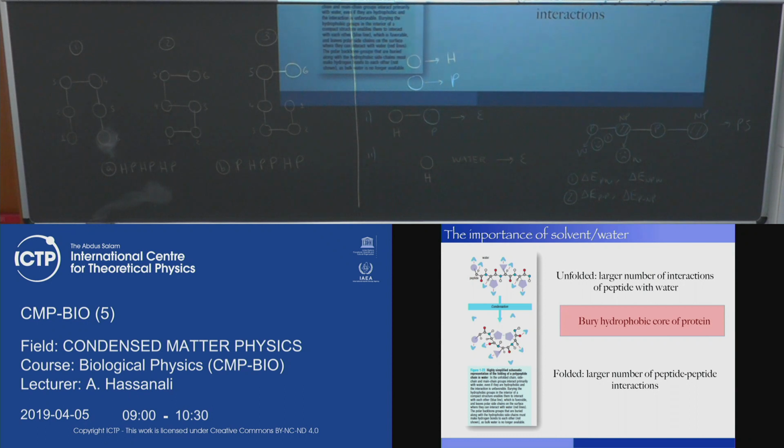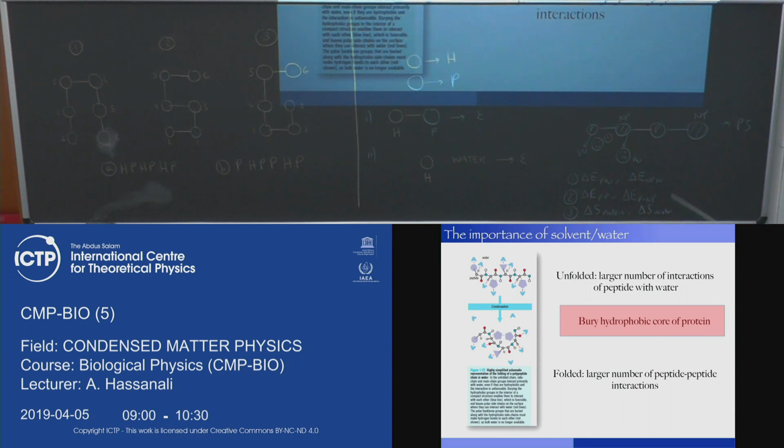But then there's also entropy. There's an entropy change of the protein, and there's an entropy change of the water.